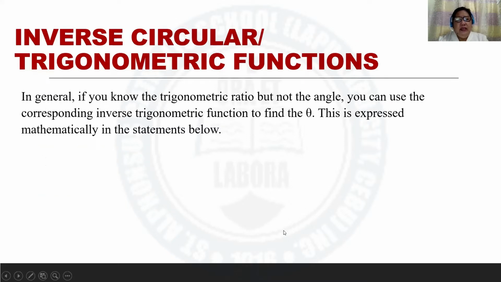In general, if you know a trigonometric ratio but not the angle, you can use the corresponding inverse trigonometric function to find the angle, or to find theta. This is expressed mathematically in the statements below.